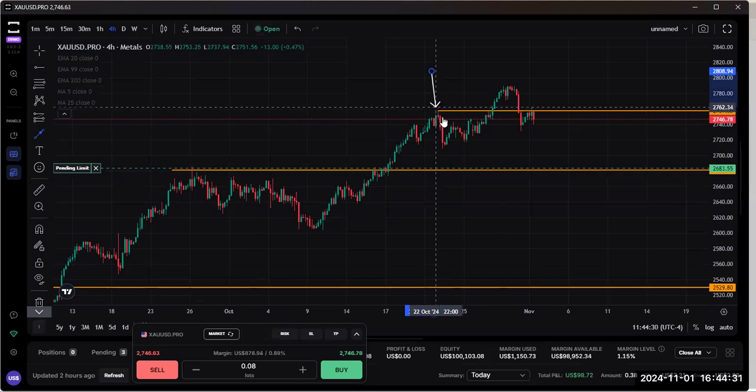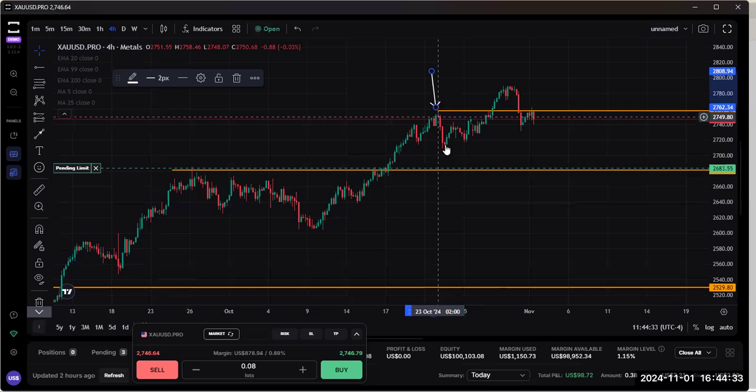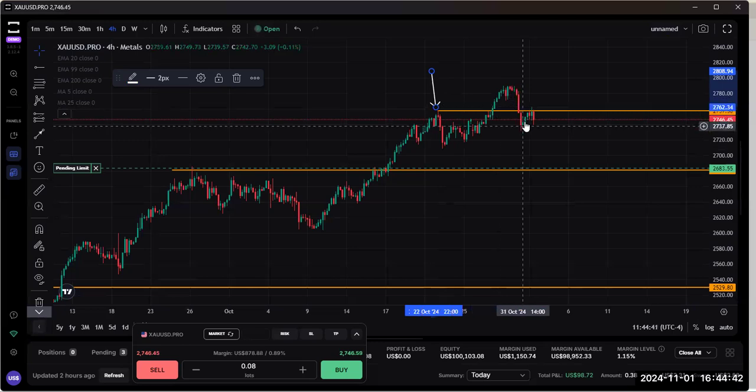And when price got here, it came back down. Eventually it broke above, then came back down. Now, today, we came down, right? And then we started to go up. But when I noticed that this was a previous resistance, I decided to take profit because I was expecting price to go back down. And that's exactly what happened.